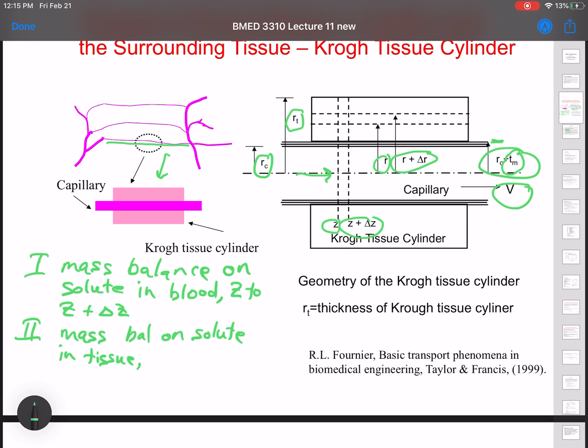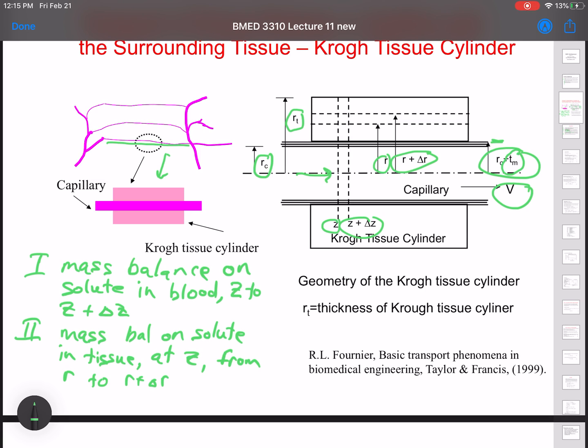And this is going to be at any value of Z, and we're going to go from R to R plus delta R.